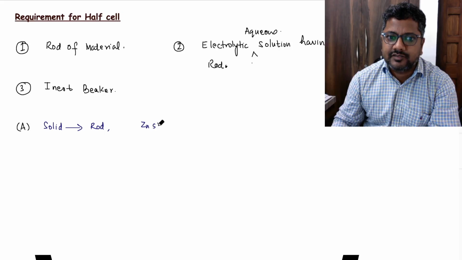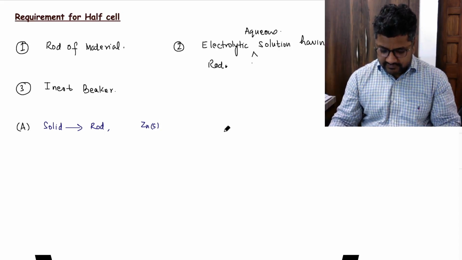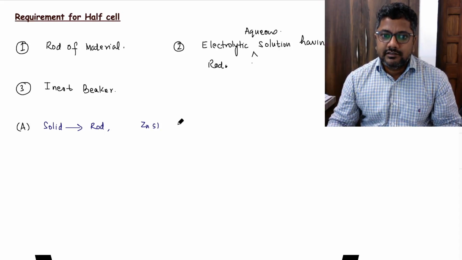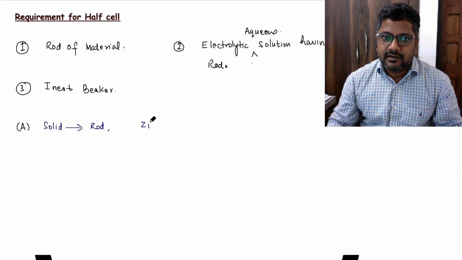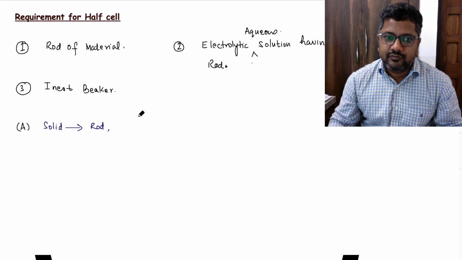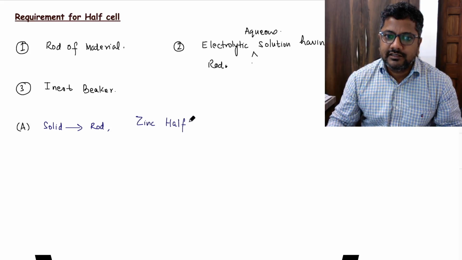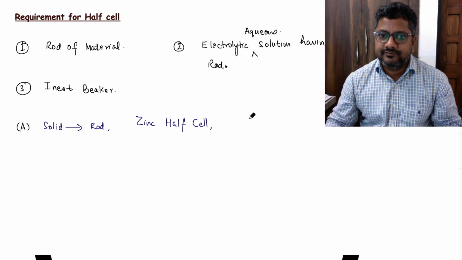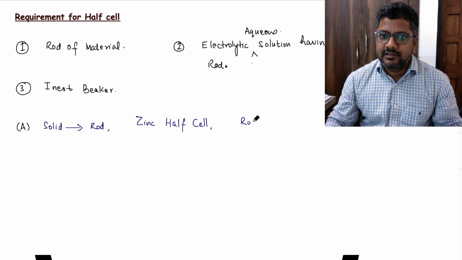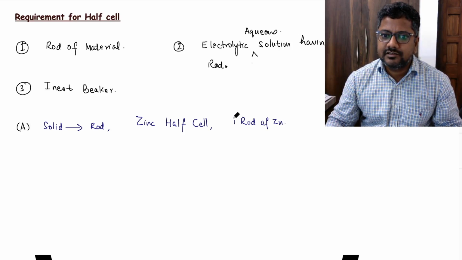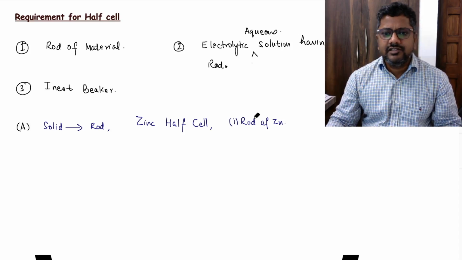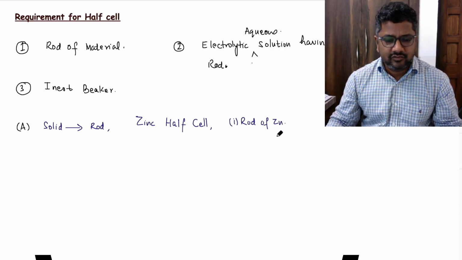Suppose that we want this zinc half cell. If we wish to prepare a zinc half cell, you require a rod of zinc first, and you can easily get the rod of zinc, no problem.